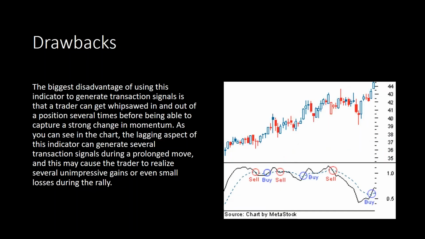But the biggest disadvantage of using this indicator to generate transaction signals is that a trader can get whipsawed in and out of several positions before being able to capture a strong change in momentum. As you see in this chart, the lagging aspect of this indicator can generate several transaction signals during a prolonged move. And this may cause the trader to realize small, unimpressive gains and even small losses during a rally.